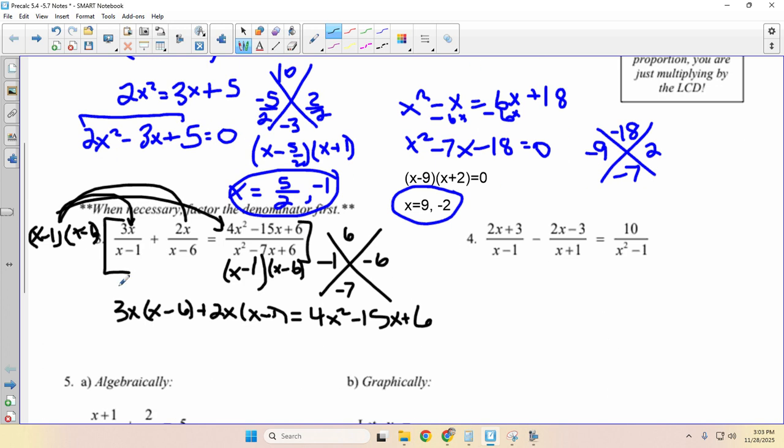Alrighty, so now we do our little FOIL. This is 3x squared minus 18x. This says 2x squared minus 2x, and it all equals 4x squared minus 15x plus 6.